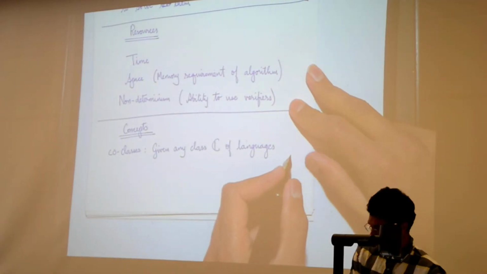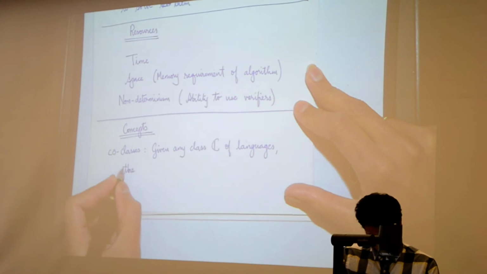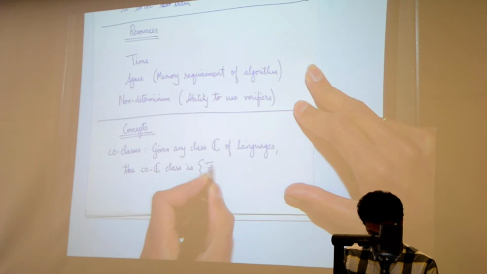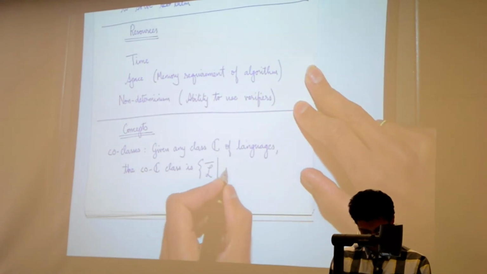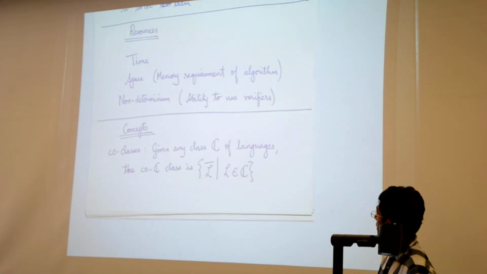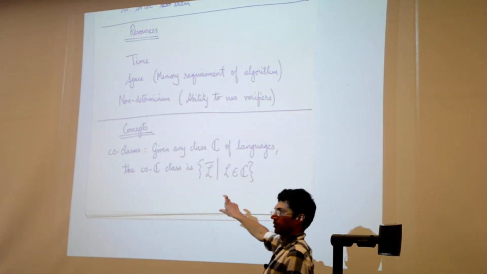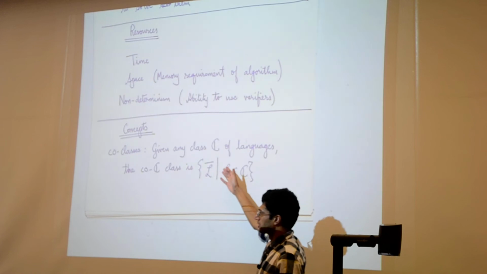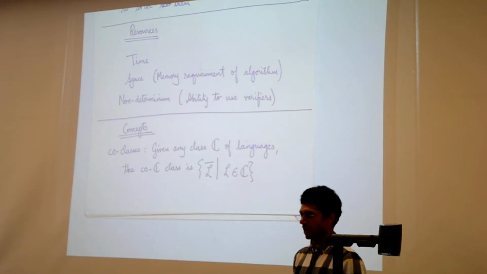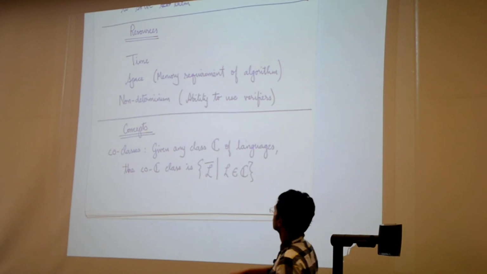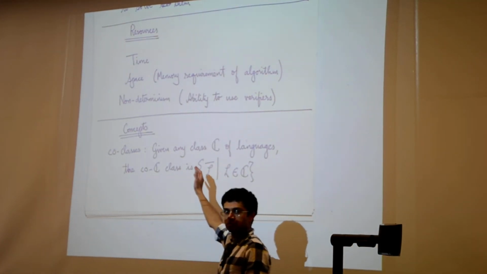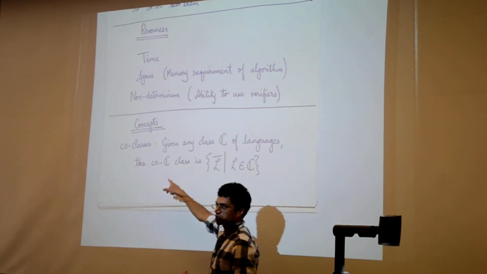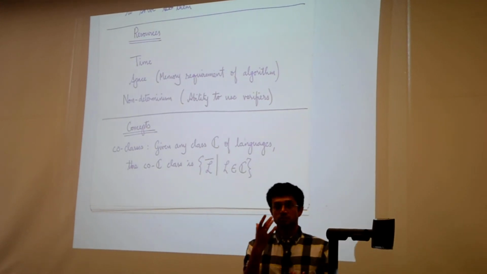So given any class of languages, the co-C class is essentially the set of L complement, where L is in my class. So I take any class and I take the complement language. Any language, I take the complement. This is the co-class of this class. So one thing, whenever we come up with a class, is to ask, is the co-class the same thing? Like if this is the class of decidable languages, then co of decidable languages is the same thing as decidable languages. But if this is RE, then that is co-RE, which are different. Okay?